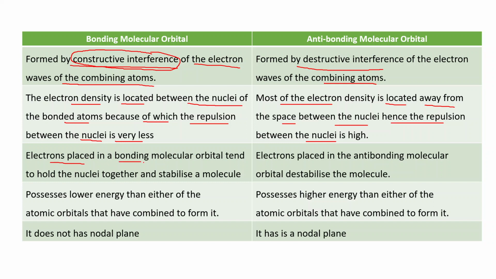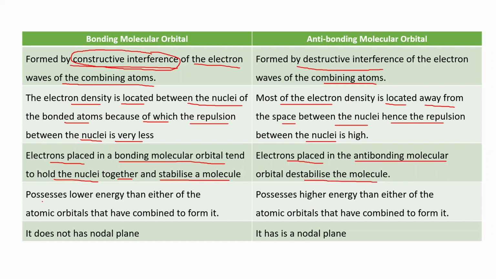Electrons placed in a bonding molecular orbital tend to hold the nuclei together and stabilize a molecule, while electrons placed in an antibonding molecular orbital destabilize the molecule.